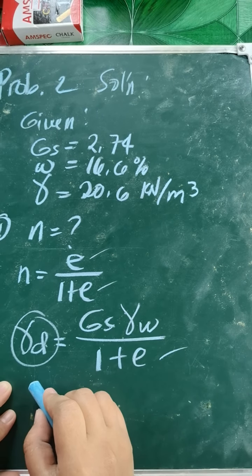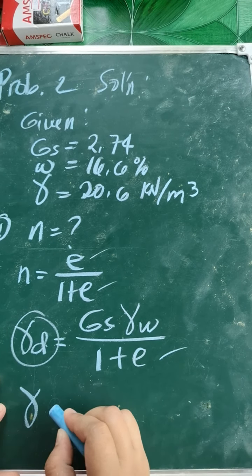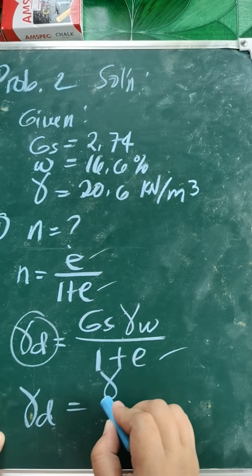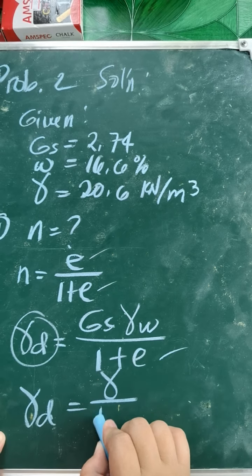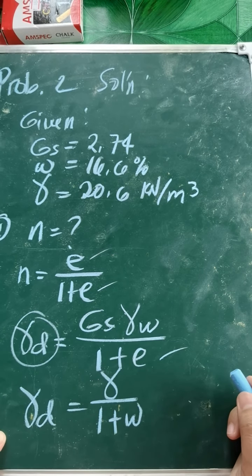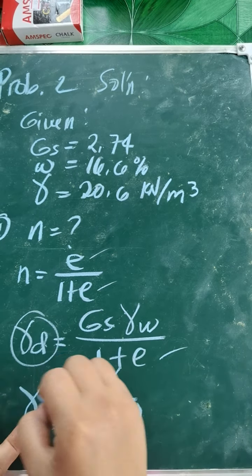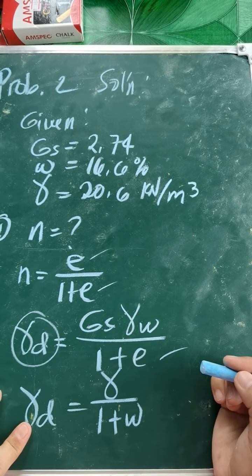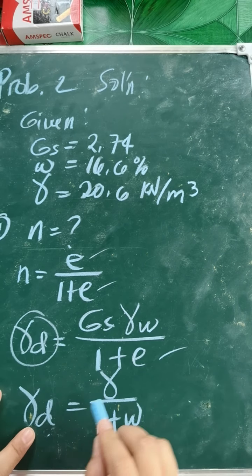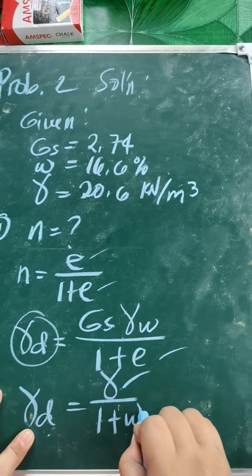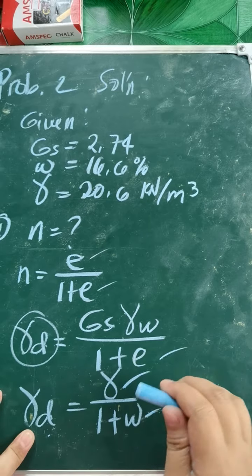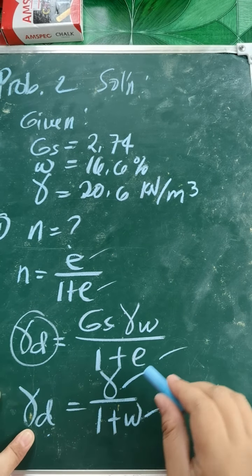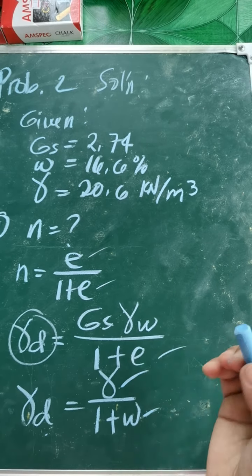But gamma dry has another equation, gamma dry equals gamma moist all over 1 plus moisture content. So we can solve the problem using some of the formulas here. To get the gamma dry, we have the moist unit weight and the moisture content, which are present in our given. So we can use this first, and then move to other equations later on.